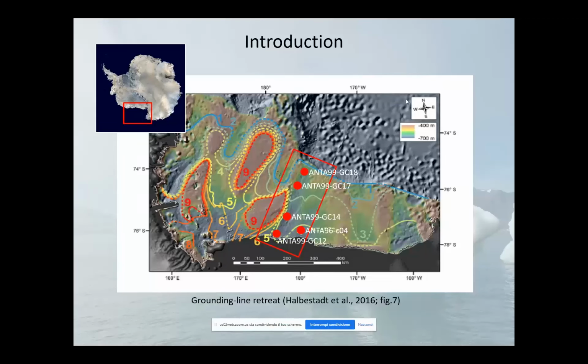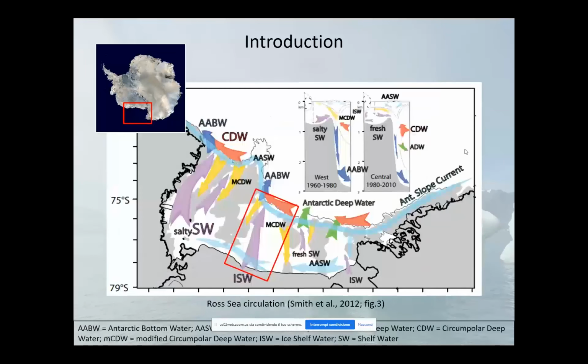So studying this site is fundamental to better reconstruct and to constrain the evolution of the ice sheet since the last glacial maximum, and also because the Glomar Challenger is located on the border between the Eastern and Western Ross Sea, and also because it joins the Pennal Basin at the head of the Hillary Canyon, which works as a sediment drainage, but is also fundamental for the inflow and outflow of water masses related to the global overturning circulation.